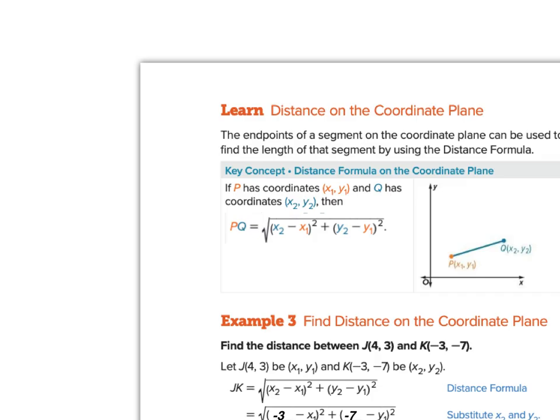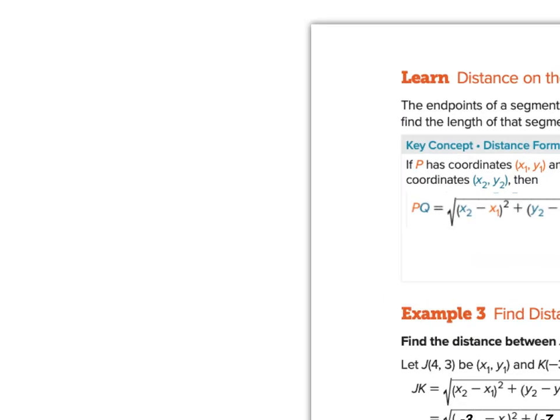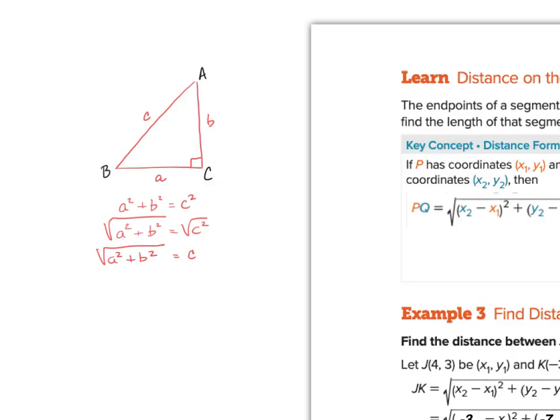So Pythagoras said, hey, if you have a triangle, all right, so the Pythagorean theorem, if you had a right triangle, so I have right triangle ABC. I know it's right because I have my right angle symbol here. The side lengths a squared plus b squared is equal to the hypotenuse squared.